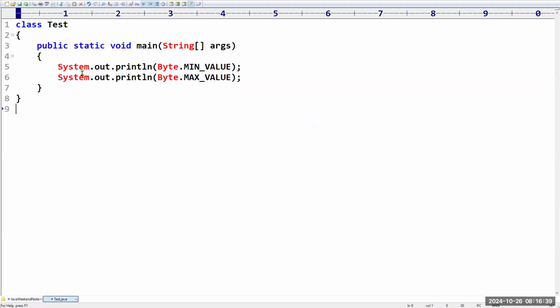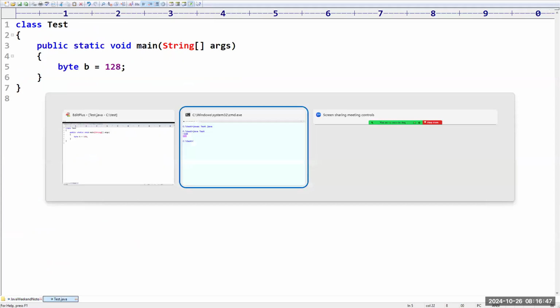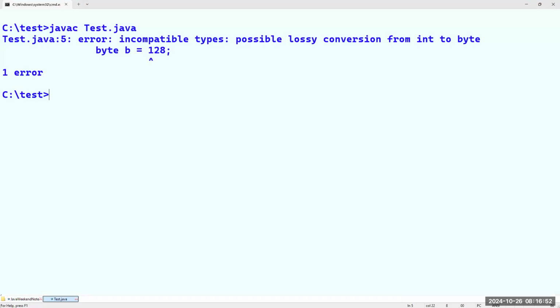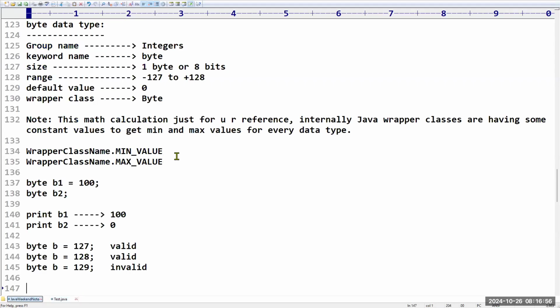If you want, I will show you the proof. Sir, can I take byte B is equal to 128? The program is successfully running. Okay. Sir, 1 second. Something like minus 127, right? Sir, minus 128 to plus 127.